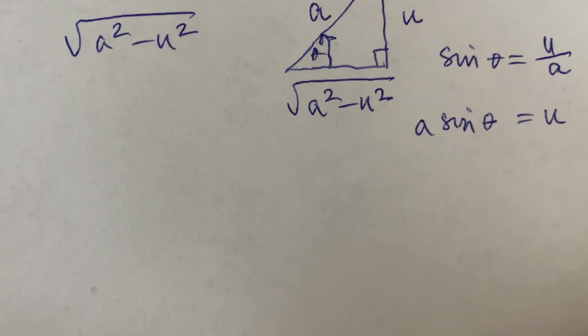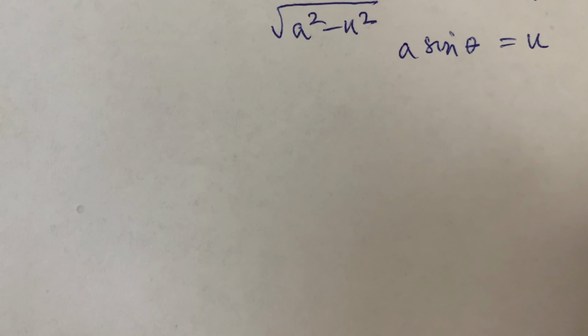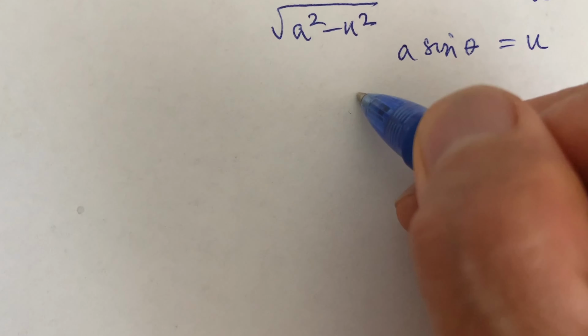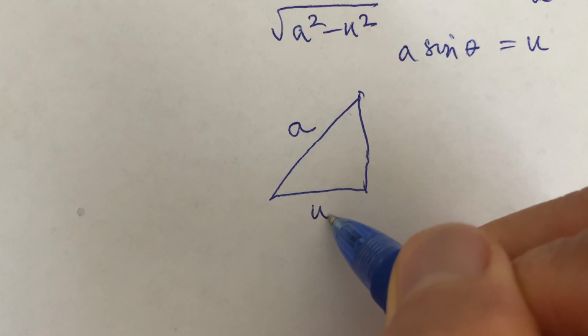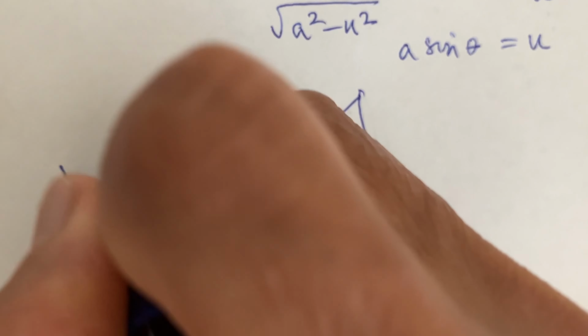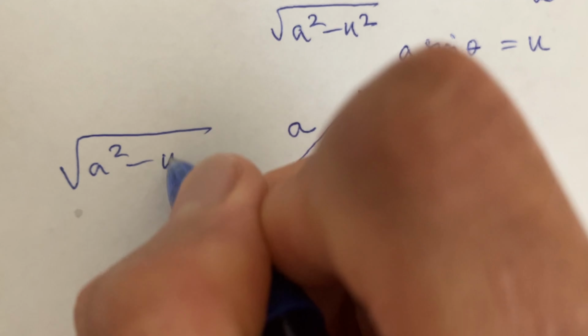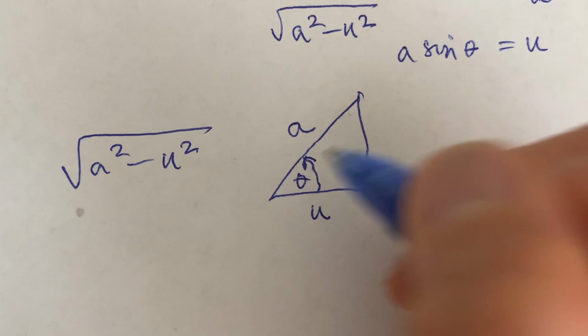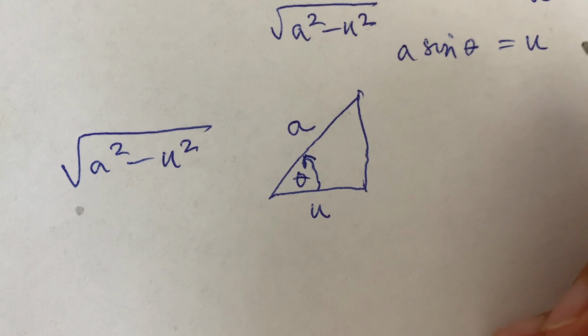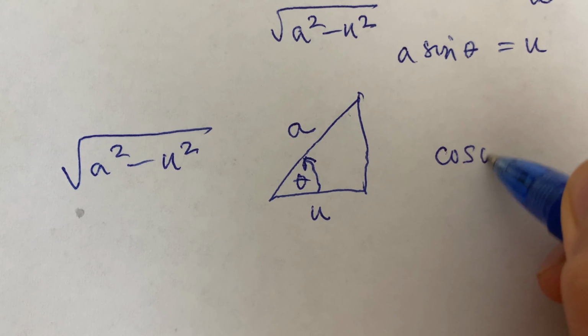Now you might ask, is it also possible to draw the triangle this way? Can I put my a here and my u here? In as much as this is the same, right? Well, sure enough, we can do that. But in this case, instead of using sine, you will use cosine of theta.